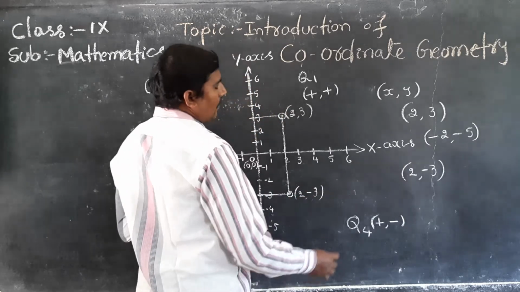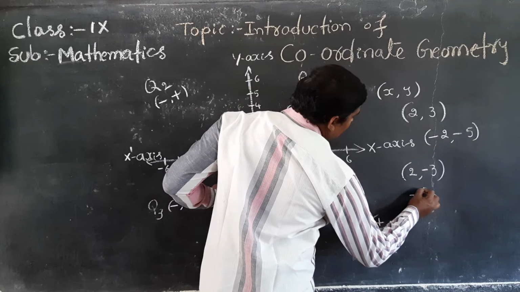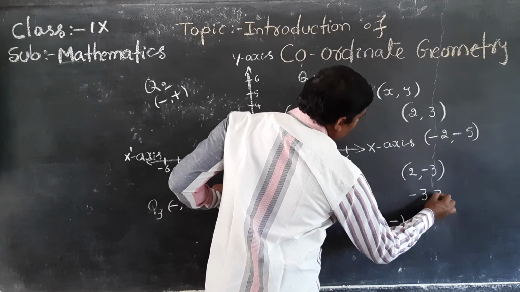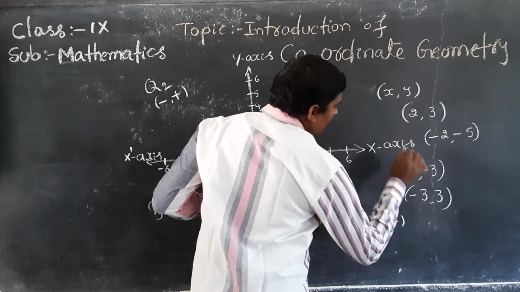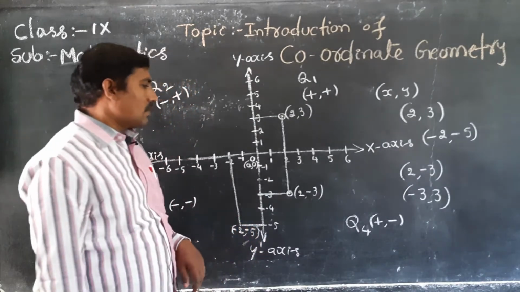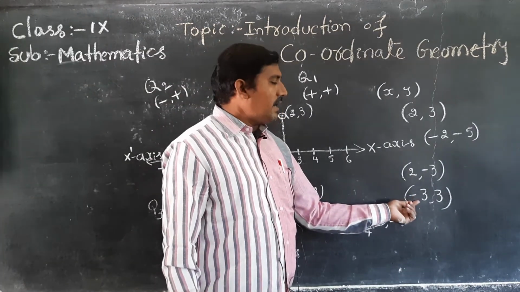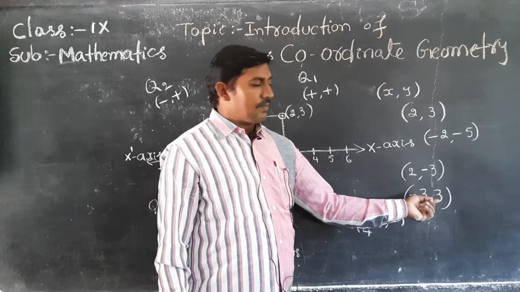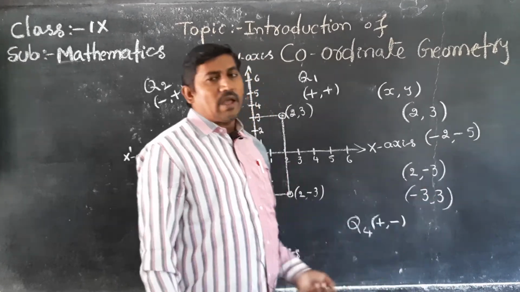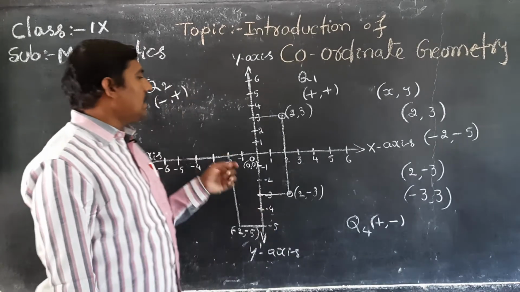Next, minus 3 comma 3. Here the abscissa, the x value, is minus 3, and the ordinate is 3. So minus comma plus values come under quadrant 2.